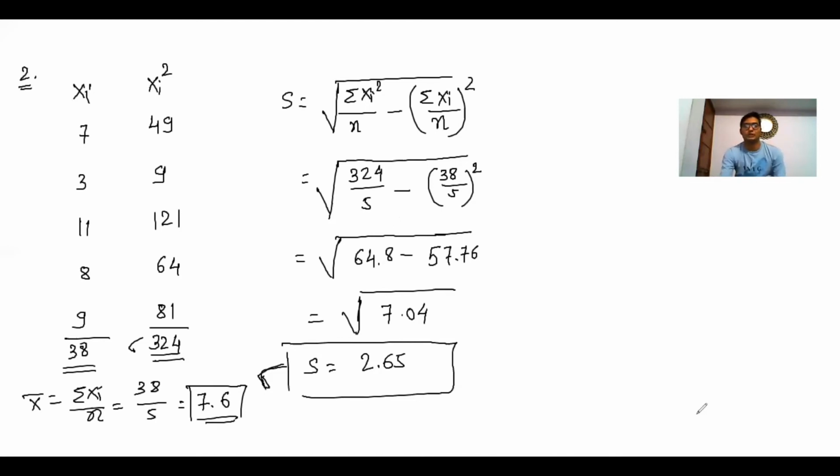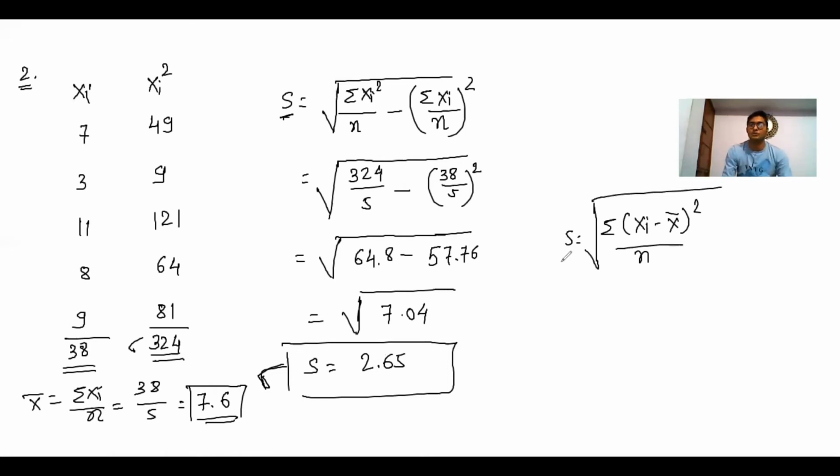I have already explained two formulas for standard deviation: one is related to x bar when it is given as an integer, and the second is for when it is given as a fraction. You can also solve this sum by the root of xi minus x bar whole square divided by n, this formula. Our answer will be the same.